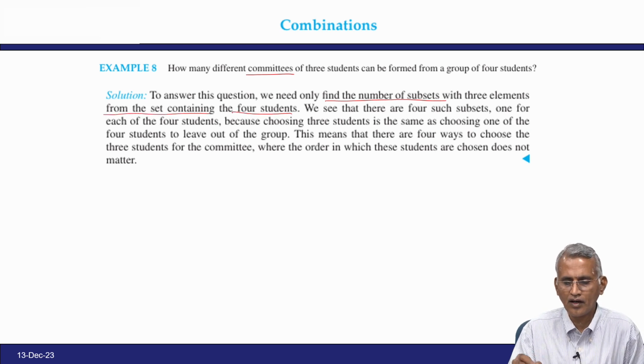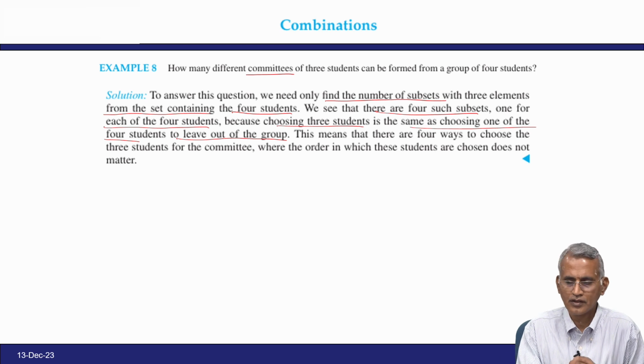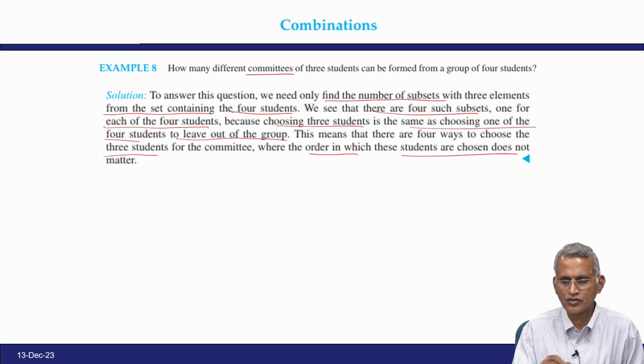We see that there are 4 such subsets, 1 for each of the 4 students, because choosing the 3 students is the same as choosing one of the 4 students to leave out of the group. This means that there are 4 ways to choose the 3 students for the committee, where the order in which these students are chosen does not matter. So, that is the meaning of this problem.